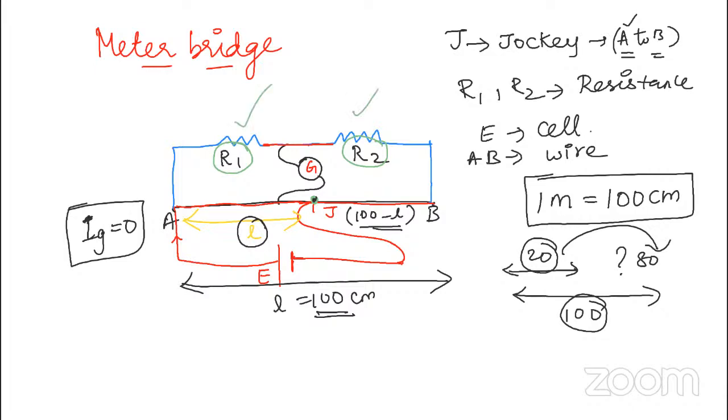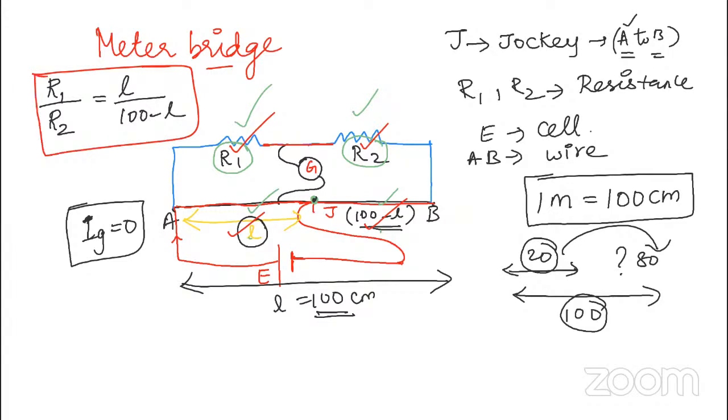The balancing lengths are L and 100 minus L. So R1 by R2 is equal to L divided by 100 minus L. We just write it proportionally: R1 by R2 is equal to L divided by 100 minus L. This is the formula we need, and we use it to deal with many problems.